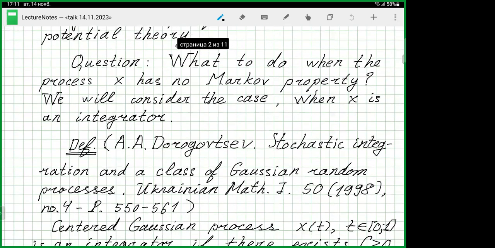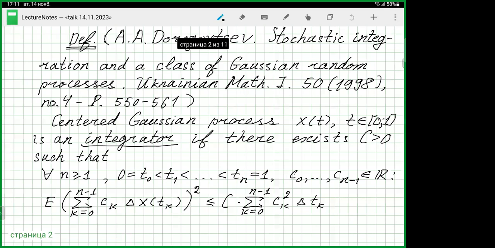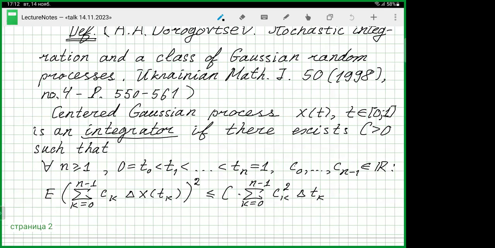The definition of an integrator is very simple. The centered Gaussian process X_t is an integrator if there exists a positive constant c such that for any n, any deterministic partition of the interval [0,1], and constants c_0, ..., c_{n-1} from R, the expectation of the square of the sum from k equals 0 to n minus 1 of c_k delta X_{t_k} is less than c multiplied by the sum from k equals 0 to n minus 1 of c_k squared delta t_k.